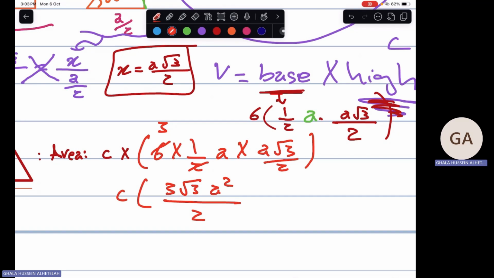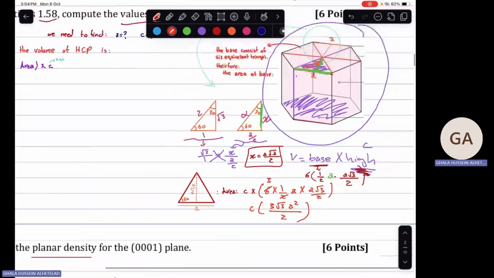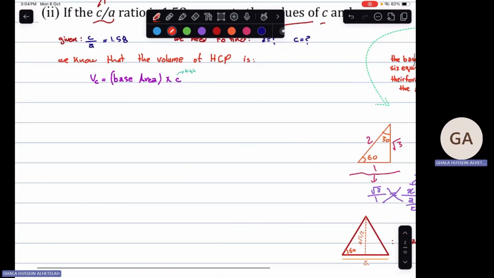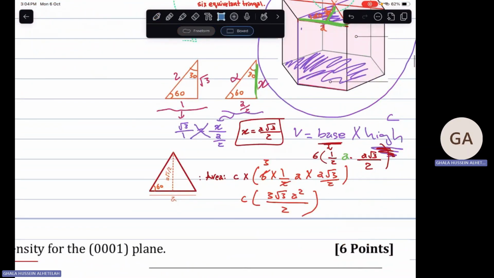طيب. Let's plug it into our equation. We know that the volume, the VC, is equal to what we just derived, this one.